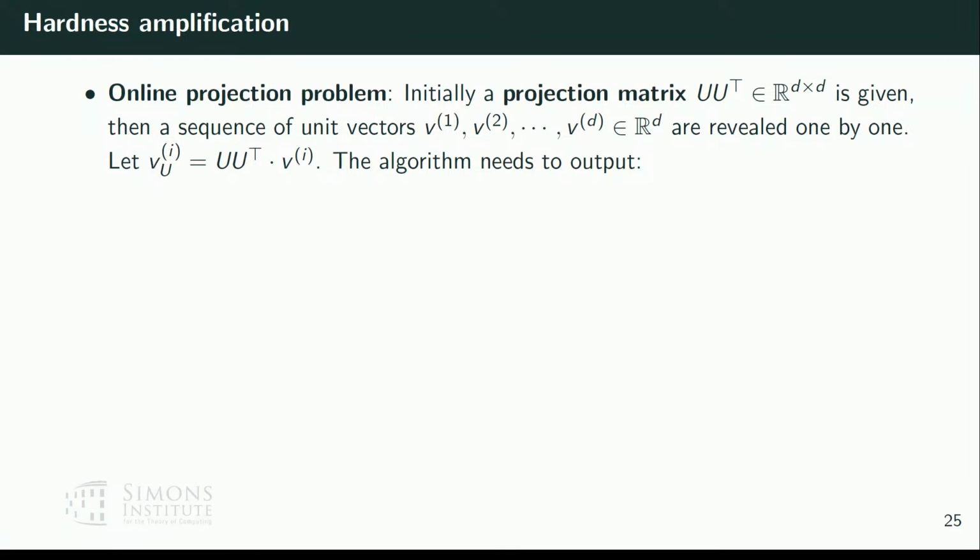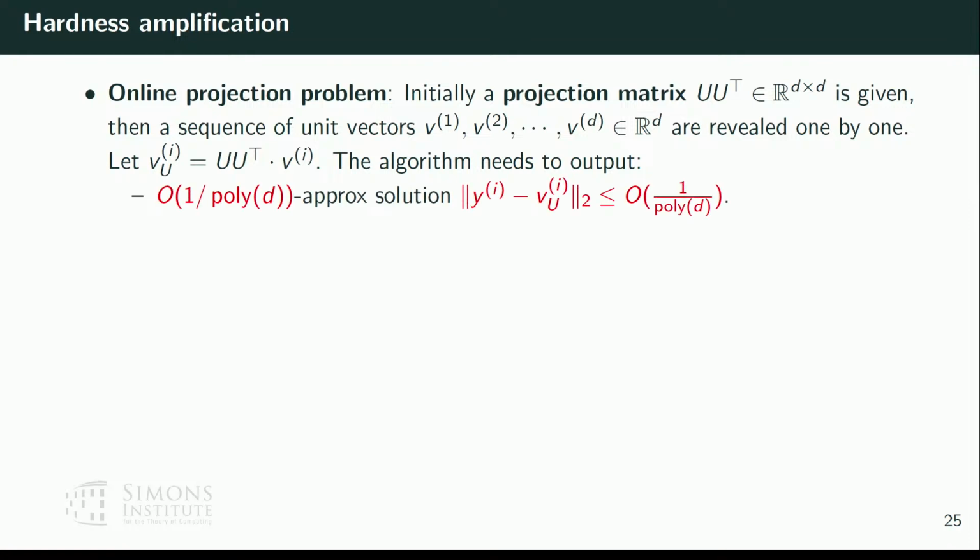So now I'm ready to define this online projection problem more rigorously. In the online projection problem, initially we're given some projection matrix that will project a vector to the subspace denoted by U. And then we're given a sequence of unit vectors as the query vectors. I will use this notation, V with subscript U, to denote the component of the vector Vi projected to the subspace U. And the algorithm needs to output, there are two different types of approximations.